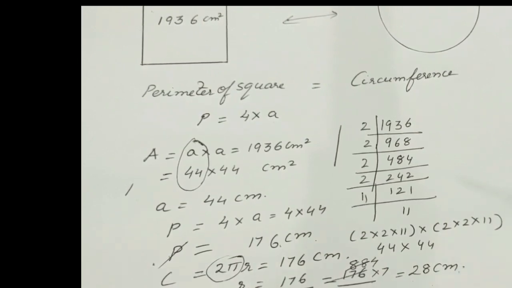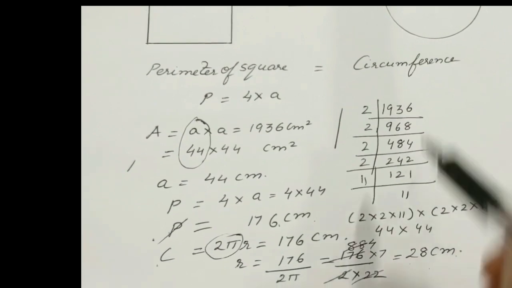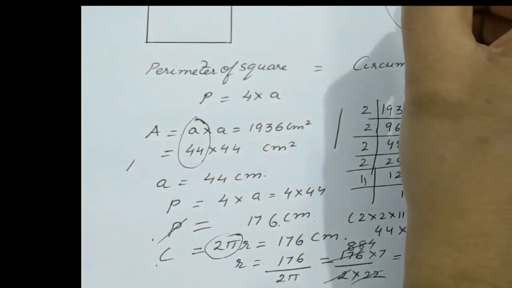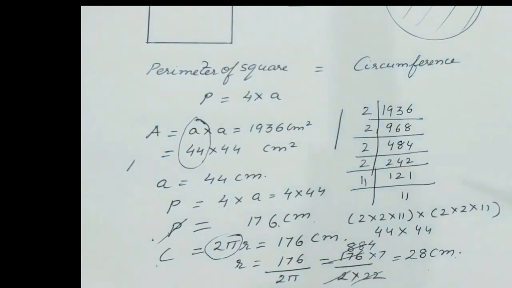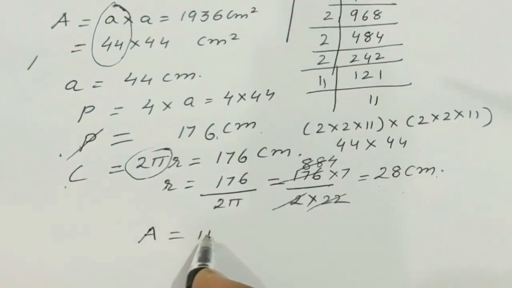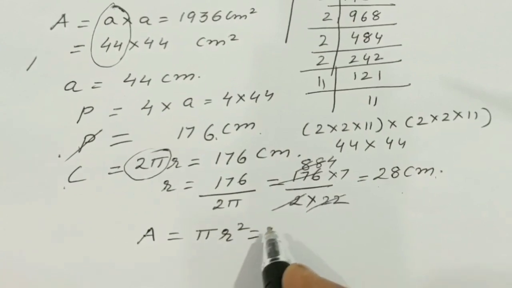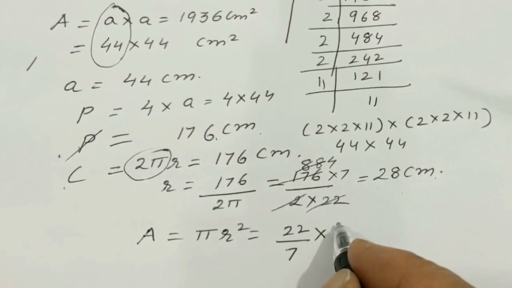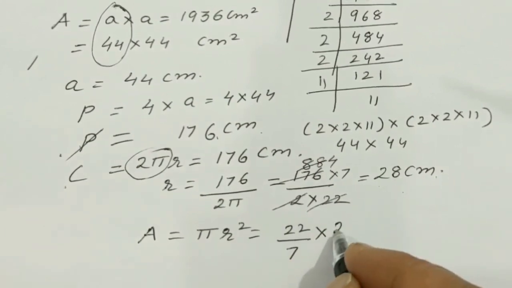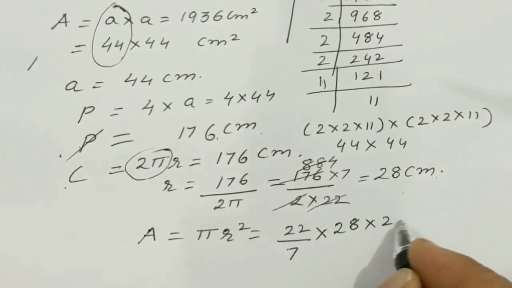Now what is the formula of area? Area enclosed: you are going to find this region which is enclosed by this circumference, the area of the circle. The formula of area of circle is pi r square. Put the value here. Pi means 22 by 7 into r. What is r? 28. Square means 28 into 28.